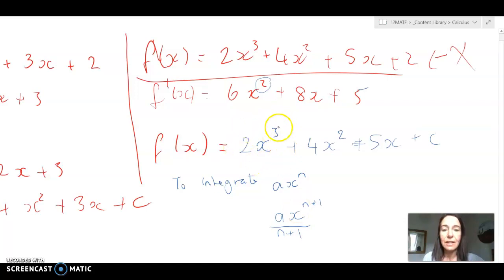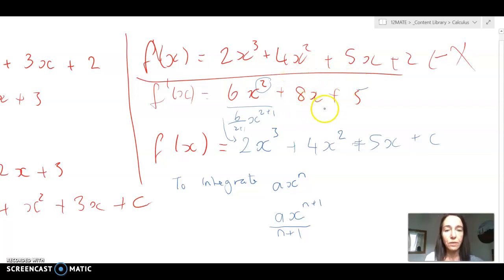Let's just have a look at this. If I've got the 6x squared, basically I'm going x to the 2 plus 1, and I'm dividing 6 by 2 plus 1, which is 3. That gives me 6 divided by 3 is 2, and x to the 2 plus 1 is x cubed. Let's check it with the next one.